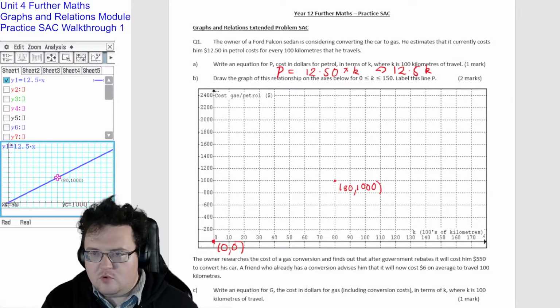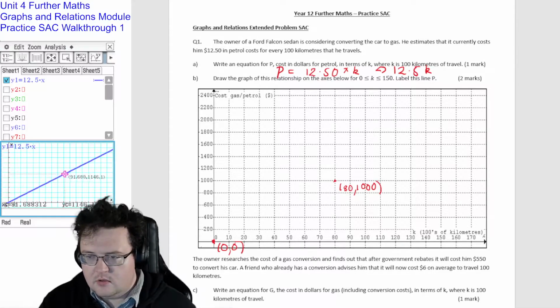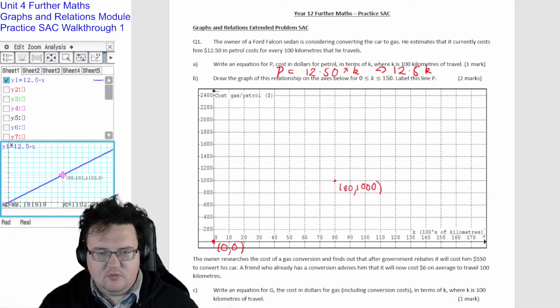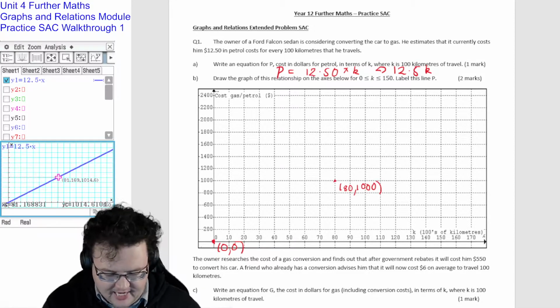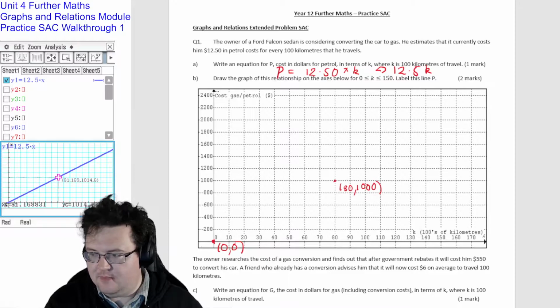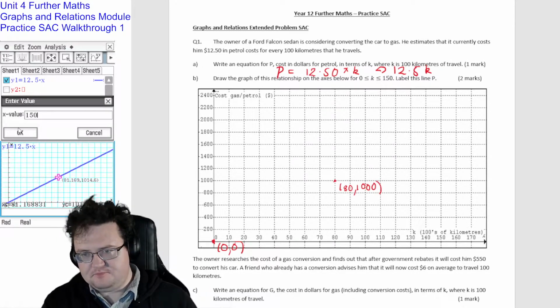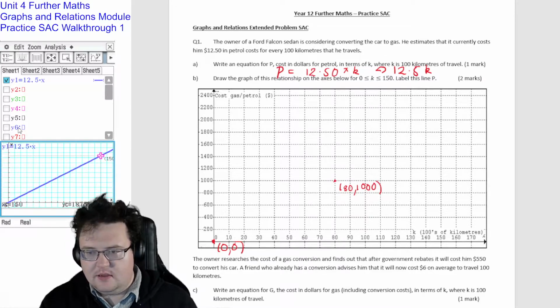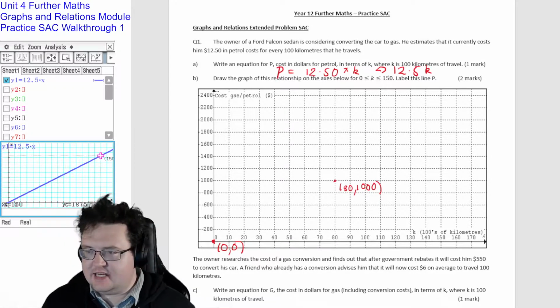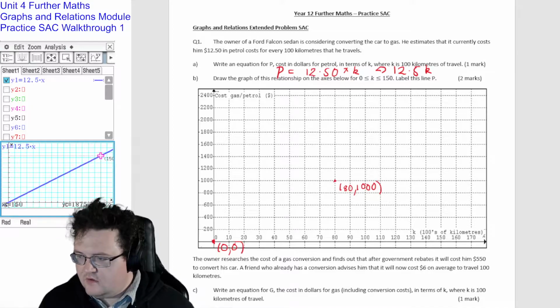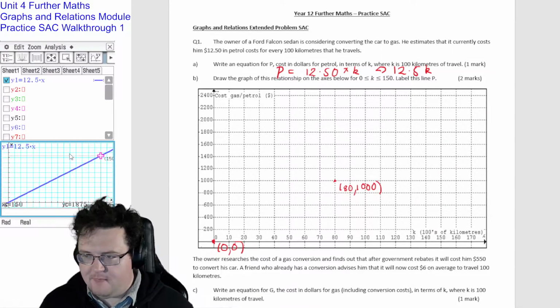Now, if I move along, everything is in decimal points. However, if I'm at this stage where I am moving it around, I can in fact just start typing a number, and this window pops up for the X value. 150 is at 1875. So we're going to estimate where it is, because obviously our markings are only in groups of 200.